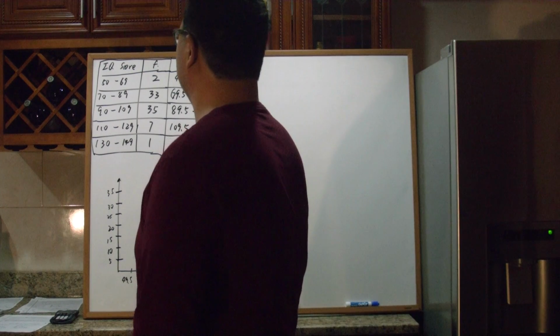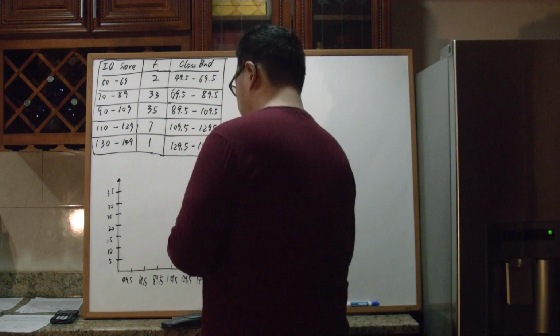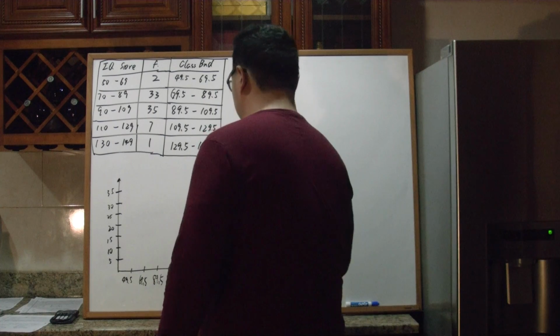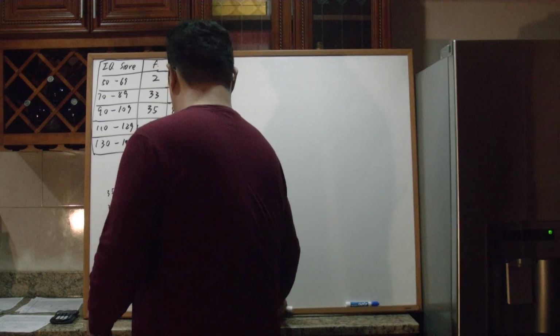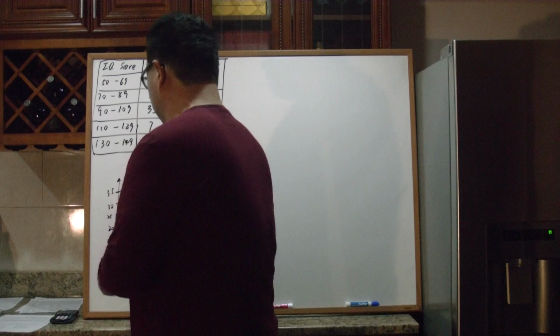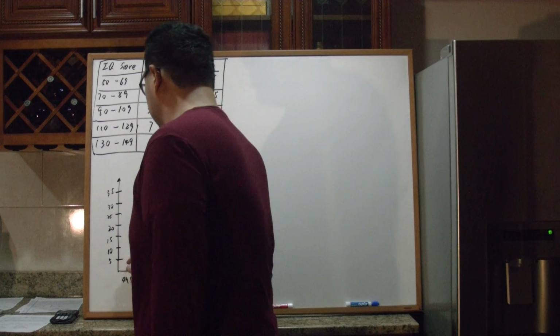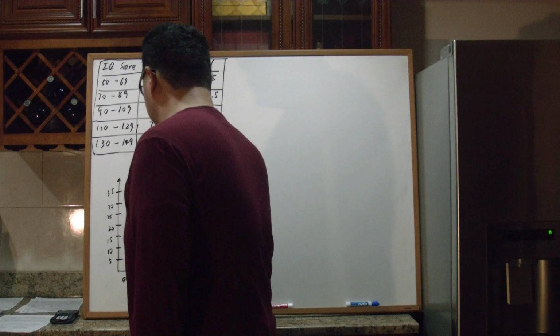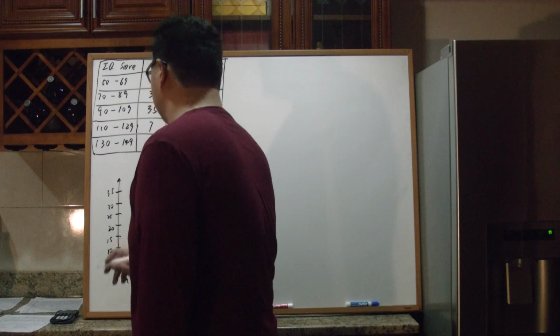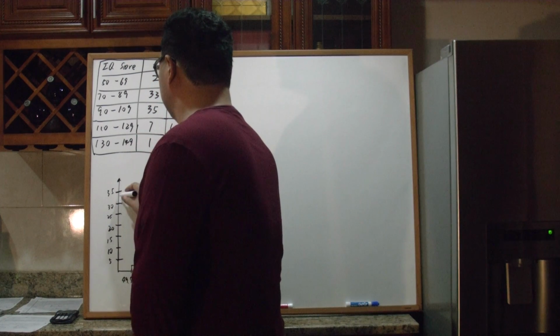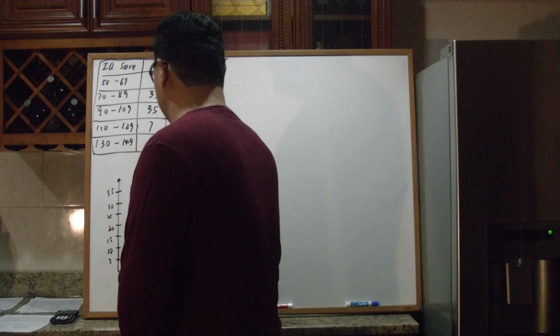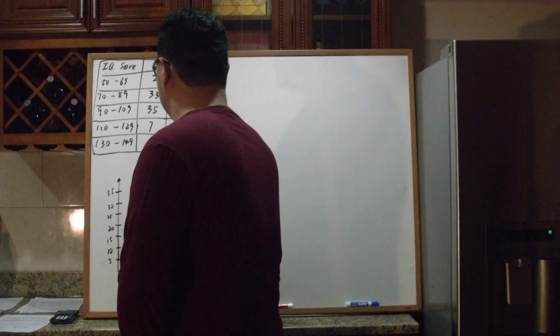Then we have the first class. The value is 2 of them, right? So the first class goes up to 2, maybe somewhere around here, we can mark it saying that's 2. Then the next one goes up to 33, somewhere here.